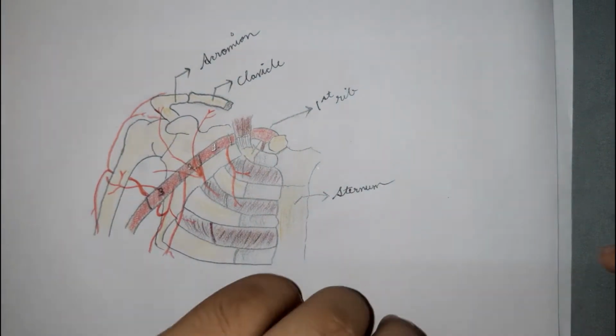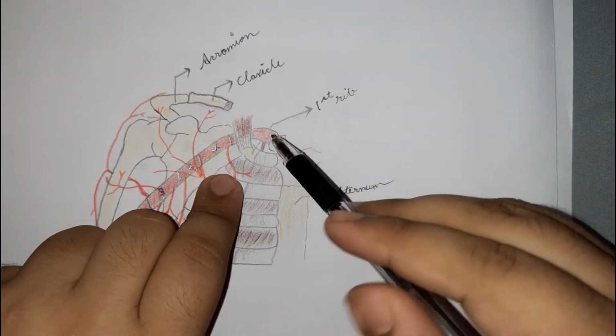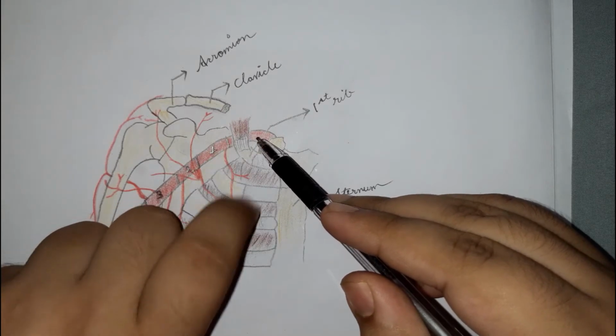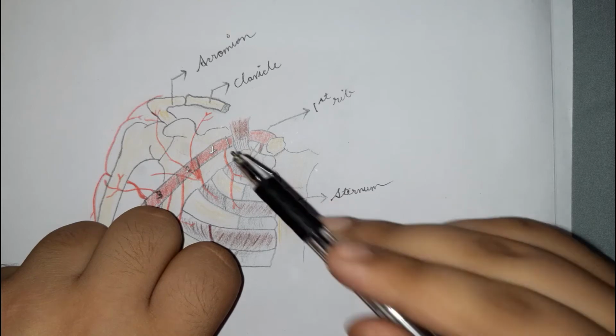Okay, now let's get on with the real deal. As you can see, this is obviously the subclavian artery. Why is this the subclavian artery? Because the outer border of the first rib we have not yet reached.